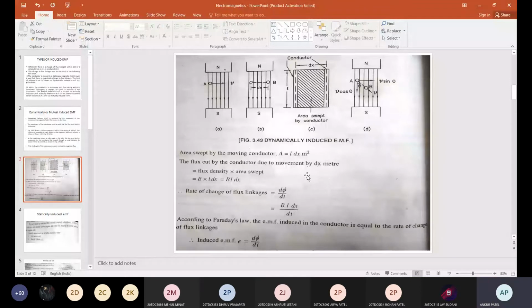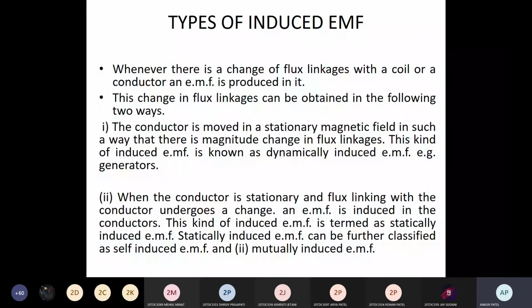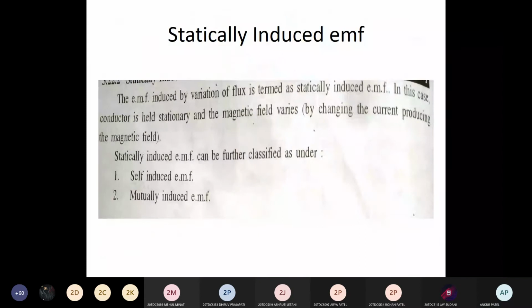Now, statically induced EMF. In that, we keep the conductor stationary and there is variation in the flux.